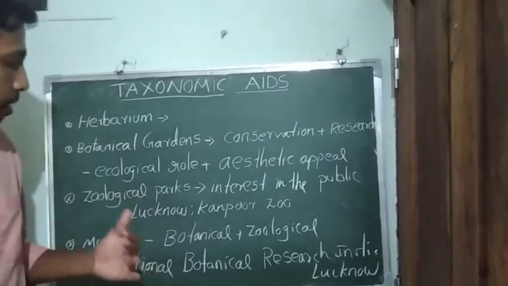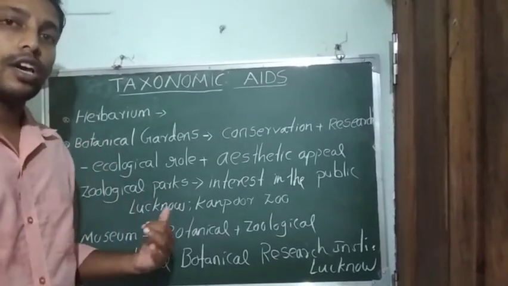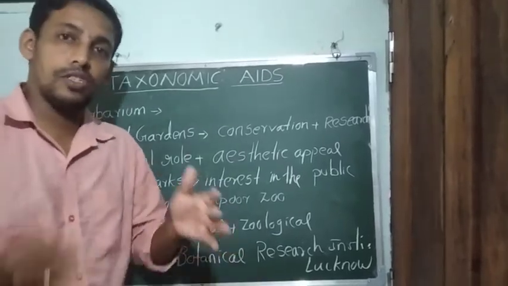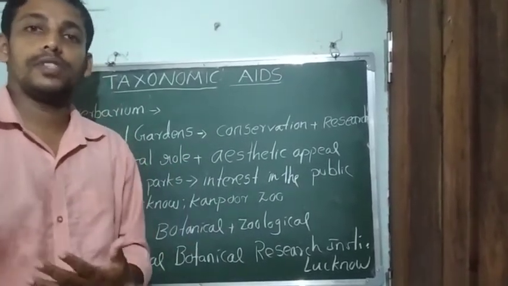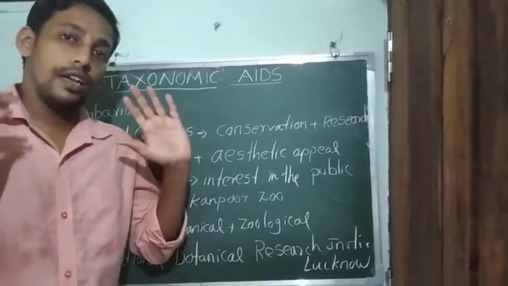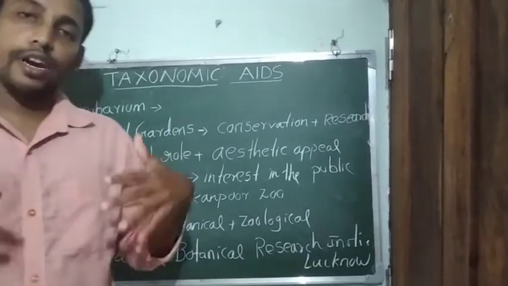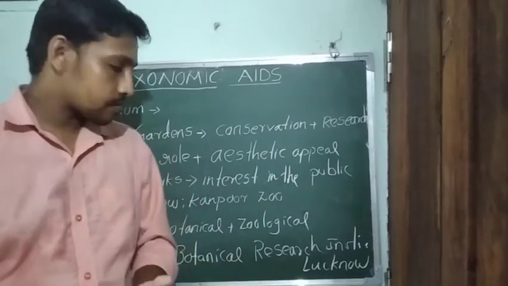Depending on size, there may be very small museums, mid-sized museums, and large museums. The large museums can only be seen in cities, where we can see a variety of preserved specimens.